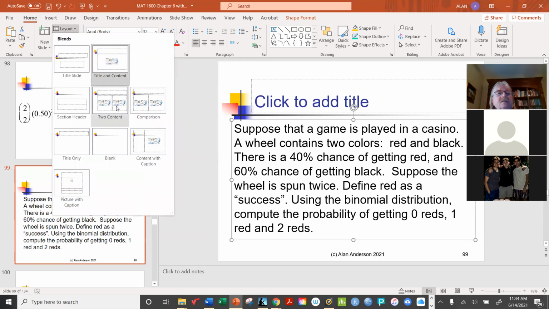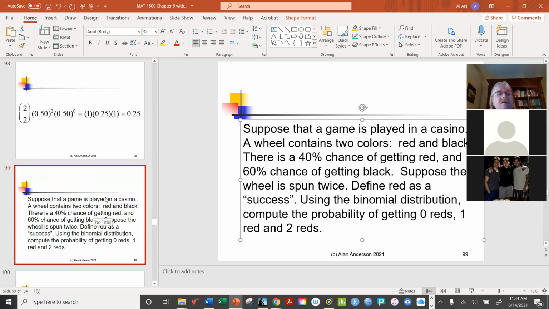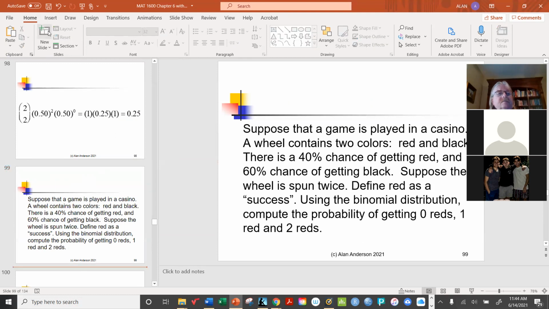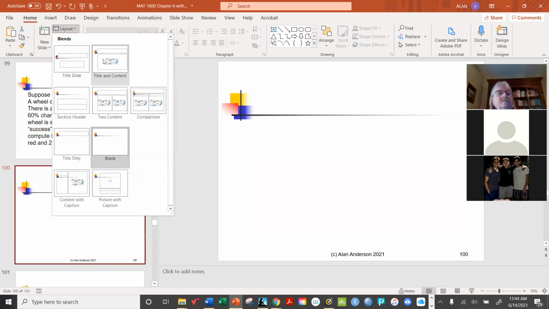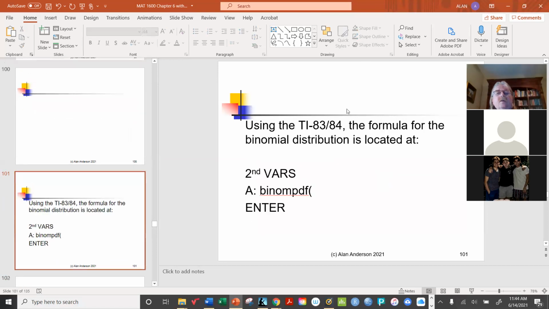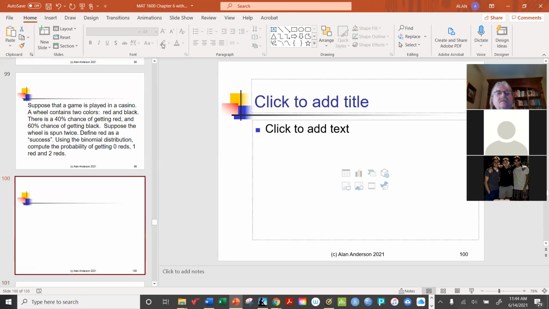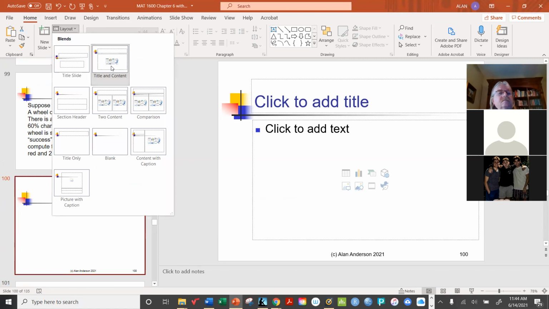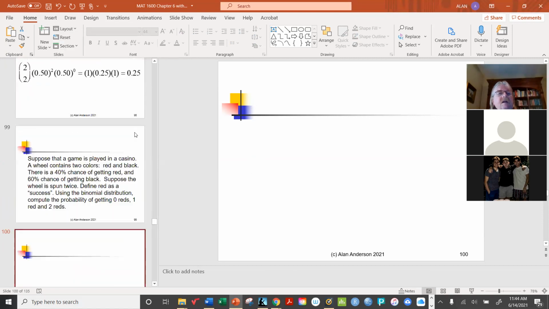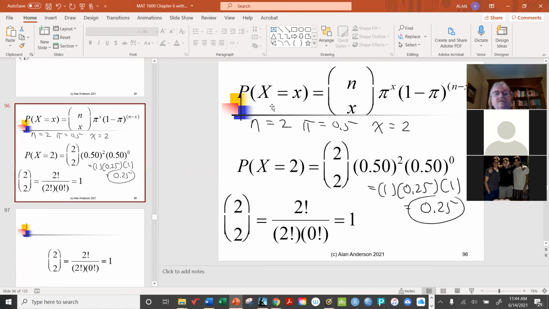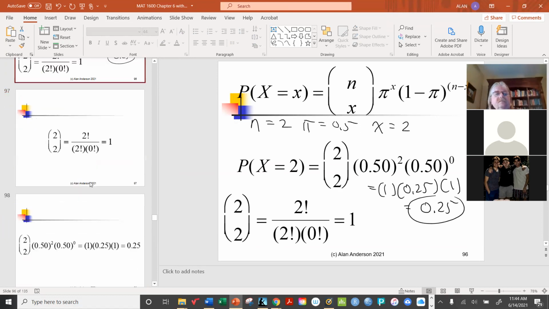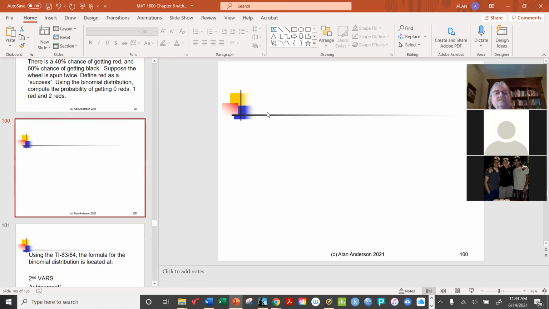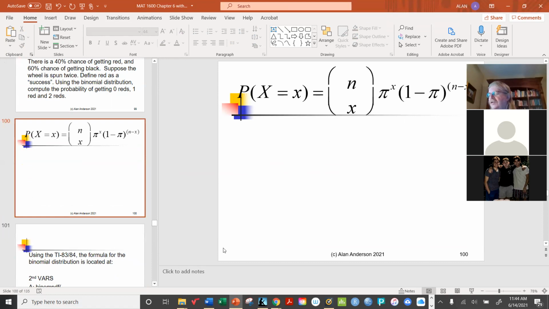So first of all, let's copy this formula. Let me go grab the formula. And the first thing we have to note is that n is 2, but now pi is 0.4.